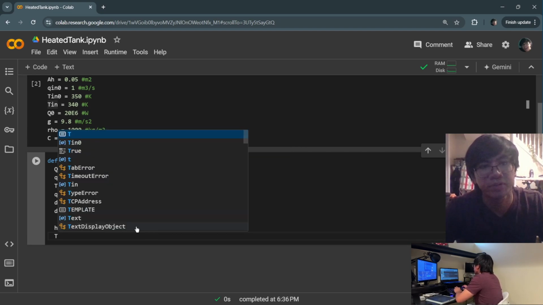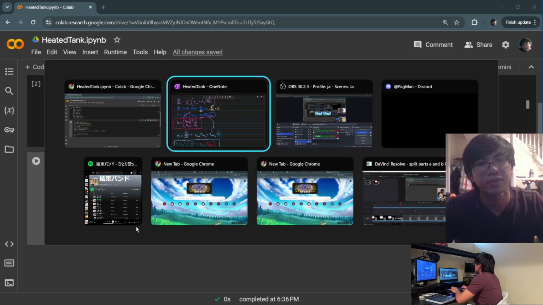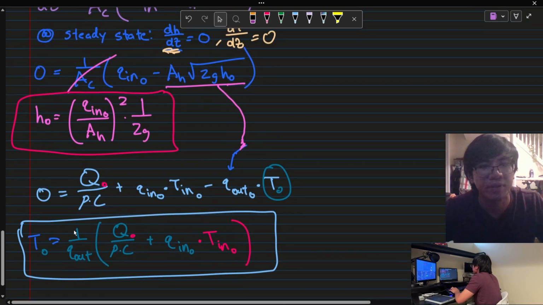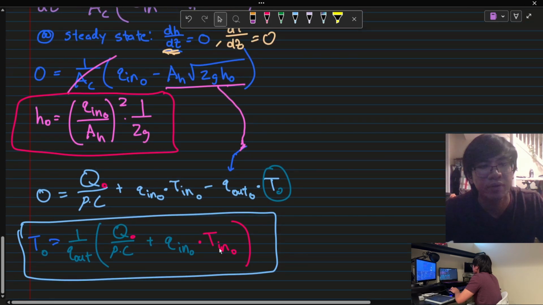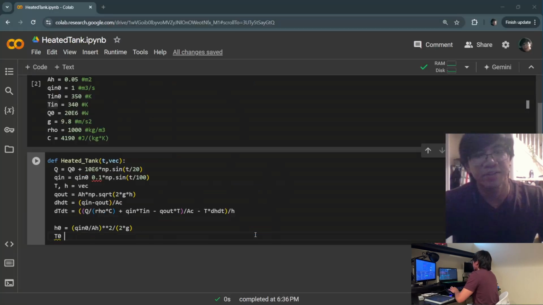And then our T initial. That's different from T in, right? Let me double check that I'm not saying anything wrong. T in initial, I think I'm confusing myself here. So temperature initial depends on T in. Technically it's not T out, but that makes more sense.